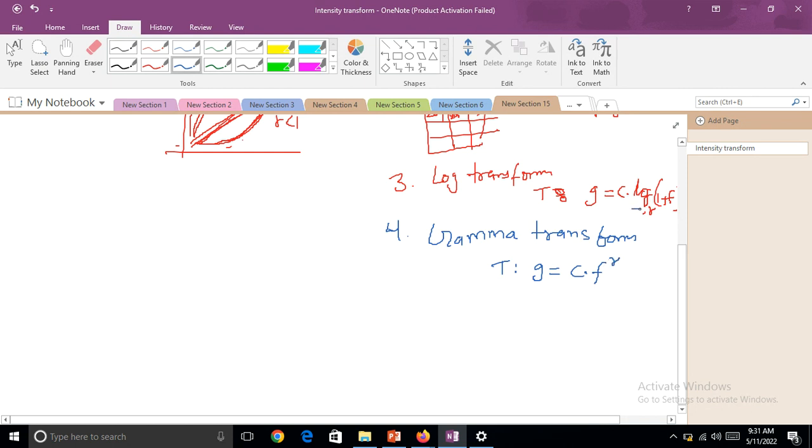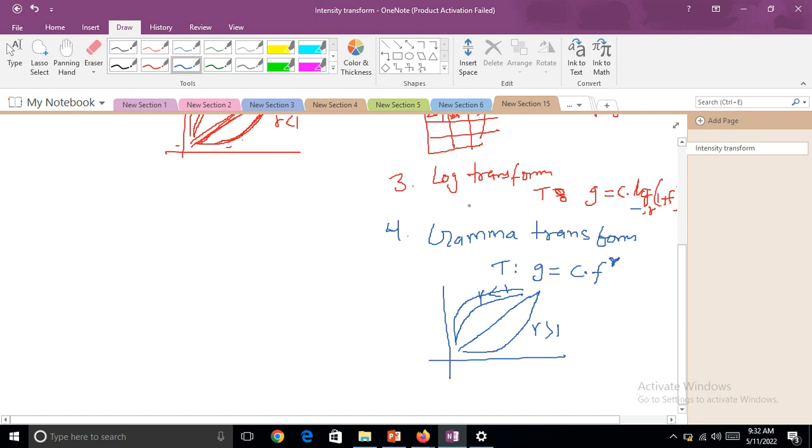Here, in log transform we take the log, while in gamma transform we raise to an exponent. In this case, if you plot, this is the original pixel values. Now, if you put gamma values greater than 1, then the transformation will be like this. If gamma value is less than 1, it will go like this. So it looks similar to log transform, but this is another way of doing the transformation.